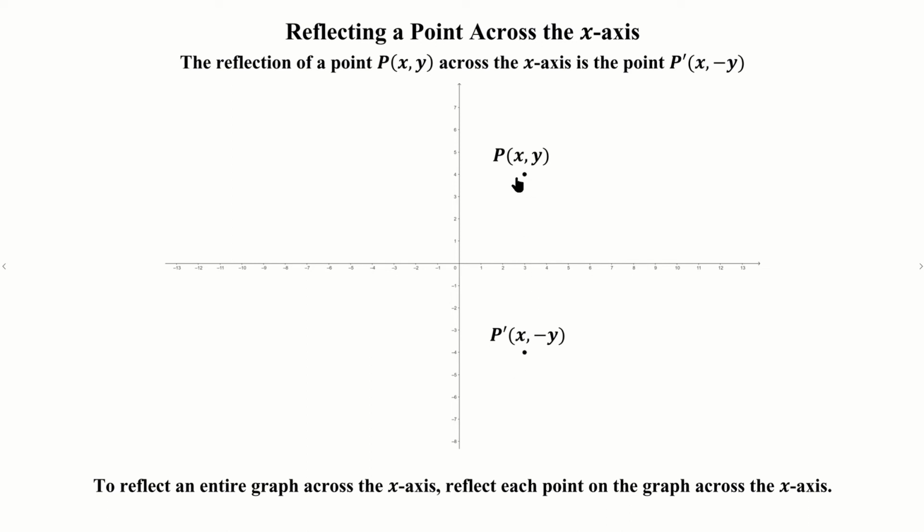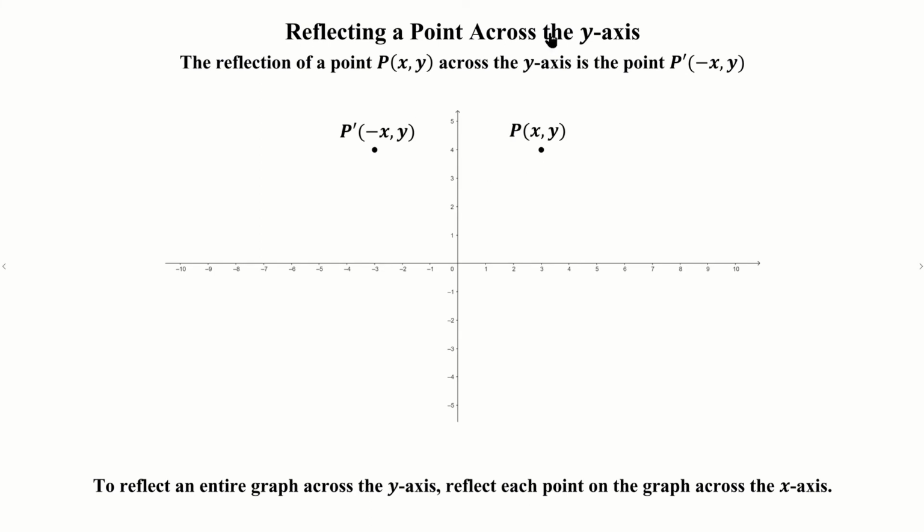Where are you going to end up? Well, this was y, so you have to go to negative y. This is consistent with the general reflection about a line that we looked at in the last screen. Now, if you want to reflect an entire graph across the x-axis, then simply reflect each point of the graph across the x-axis.